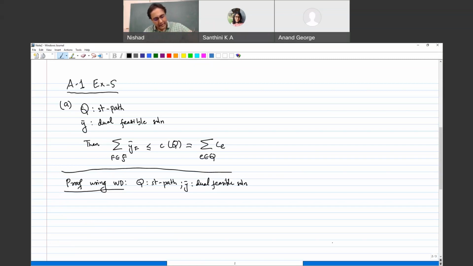So let X bar be the primal feasible solution corresponding to the path Q, right? So if an edge is in the path, you give a 1 to it, otherwise you give a 0 to it. That has to be a primal feasible solution based on how we wrote the primal.